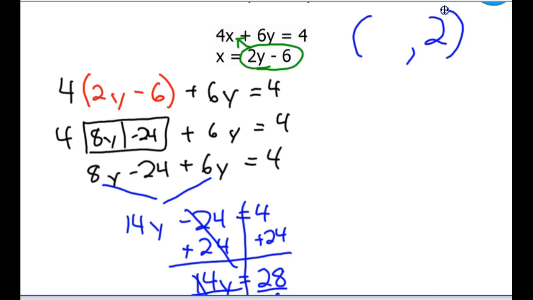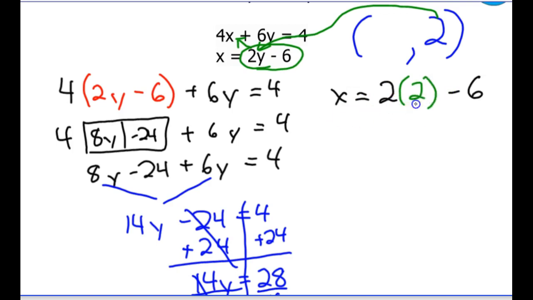So now we are going to take that 2 and we're going to replace it with our y. Doesn't matter which one you do, but this one is the easiest because x is already by itself. So what we have then is x equals 2 times 2 minus 6. 2 times 2, that's 4, minus 6.